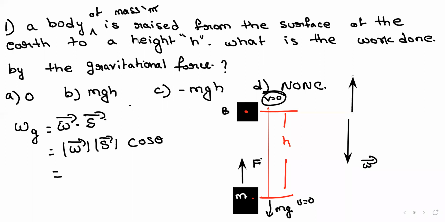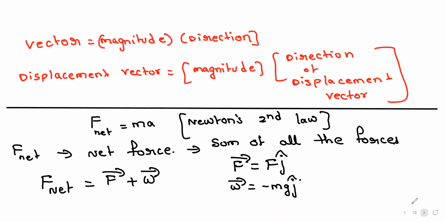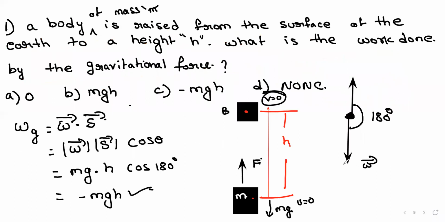So what is the angle between them? 180 degrees. Nice. So magnitude of weight is mg, magnitude of displacement is h, cos 180 is minus 1. We get minus mgh. If you want to note it down, just note it down.